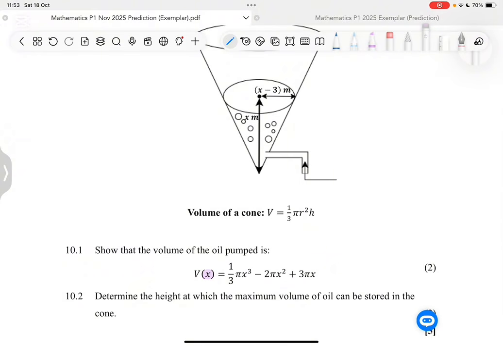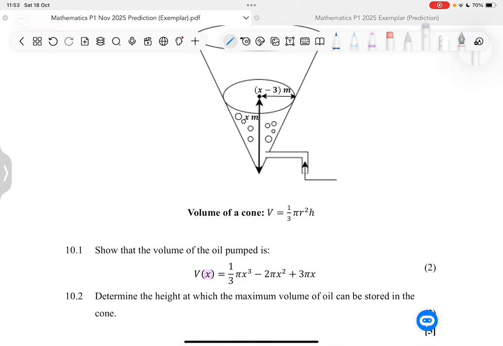As I was saying, if the height changes, the radius will also change. So that means our volume will also change because the volume depends on the height and the radius if you look at that formula. So the volume is a function of x.